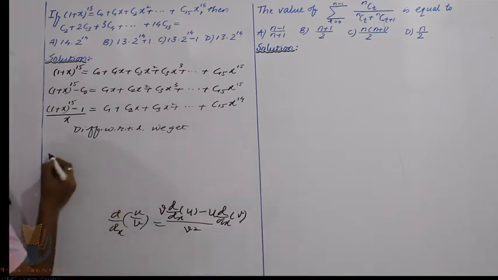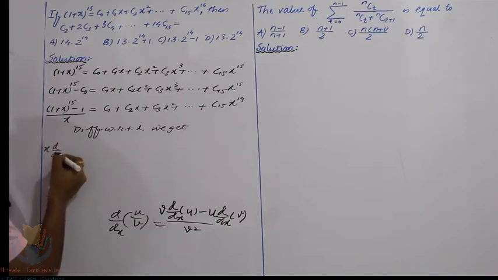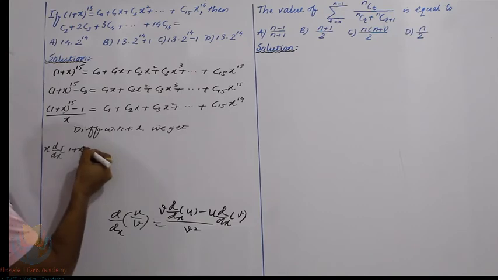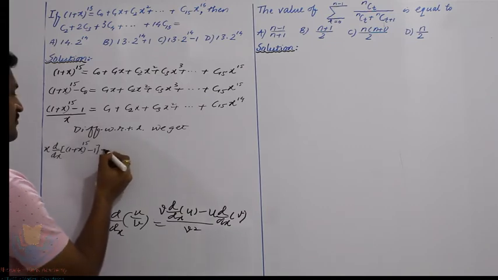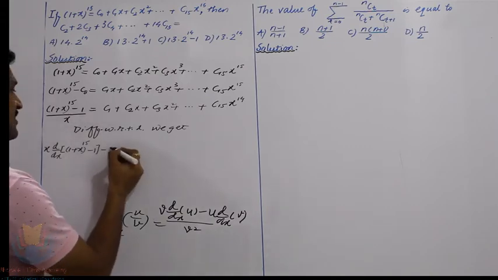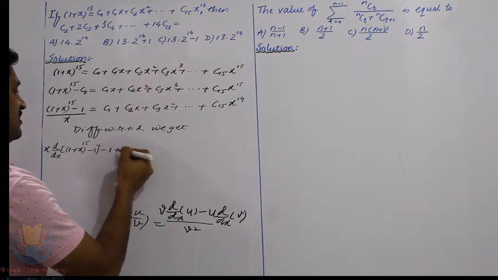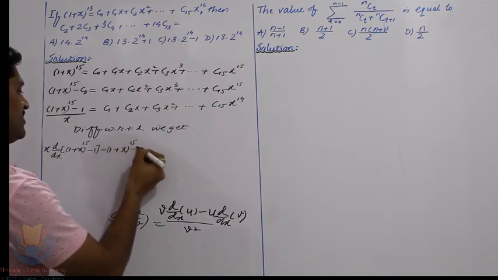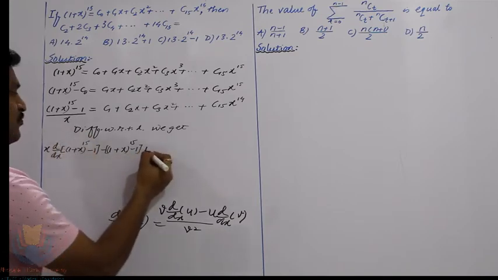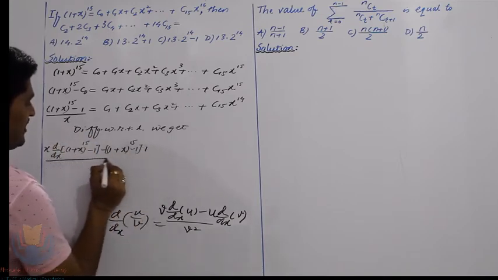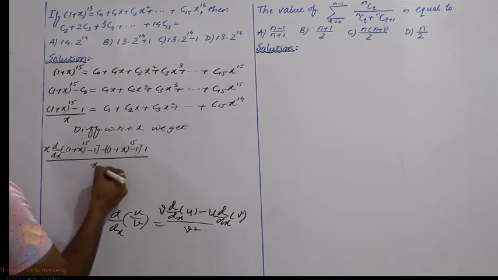So here first we will write this x as it is, and we will take the derivative of the numerator, which is 15(1 + x)^14, and again we will put a minus sign here, and (1 + x)^15 as it is, and the derivative of x is 1, and that whole divided by the square of v, that is x^2.